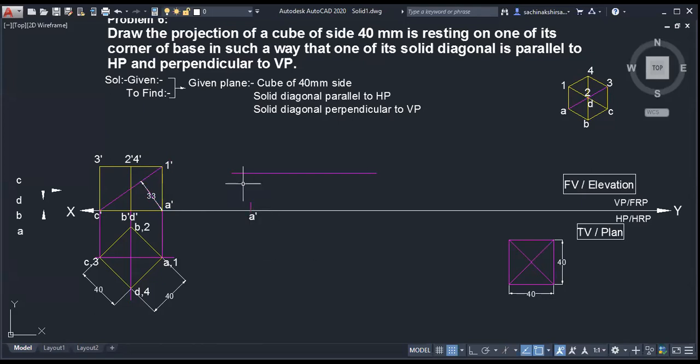From this A dash we can draw one locus of at what distance. 33. Draw a locus from this point so that our condition will be satisfied. Likewise, so here 33.